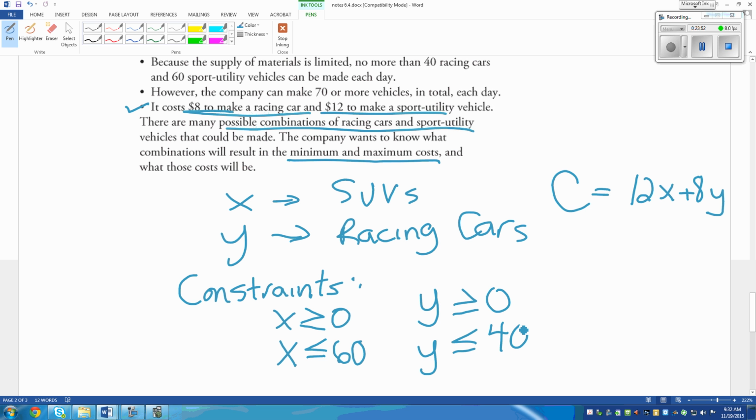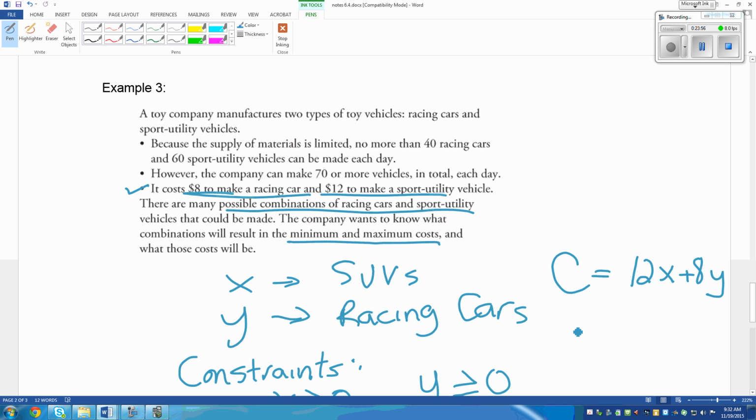And then finally, is there any dot that we missed yet? That second dot. However, the company can make 70 or more. See those keywords? Or more. So that means when we add the X and the Y together, the number of vehicles, they have to be less than 70 or greater than 70?